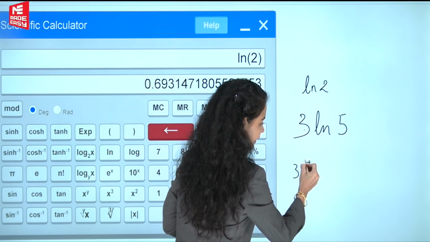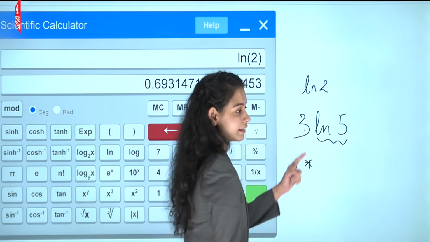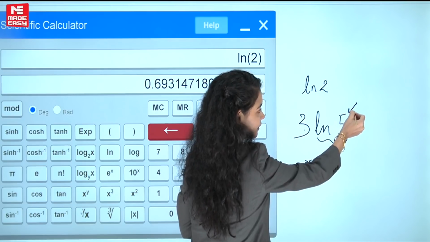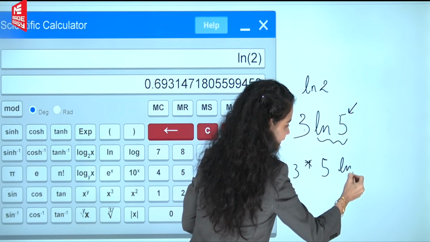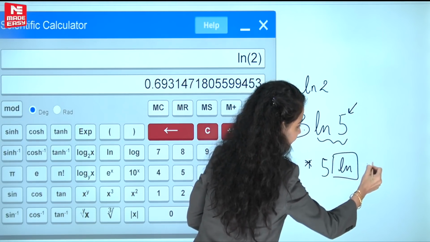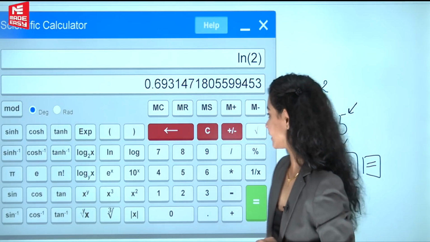Let's see how this will go. 3 into, to enter ln 5, you need to enter the value of x first. x here is 5. So first you will be entering 5 and then the ln tab and then you will have to press equal to. Let's see how it will go here.